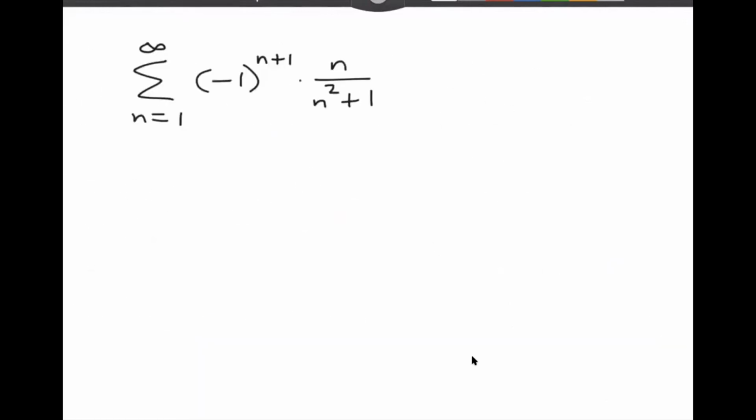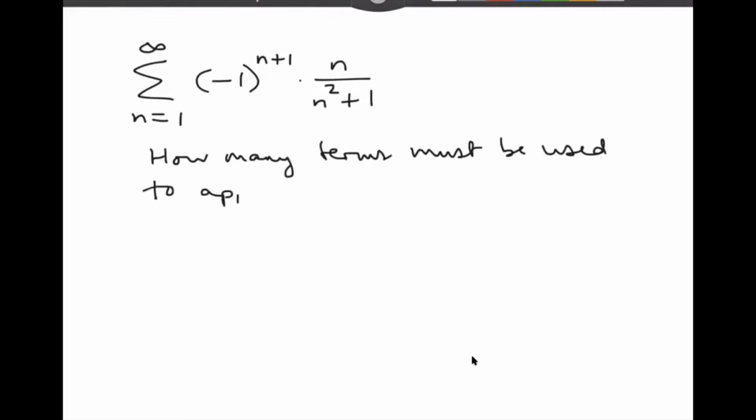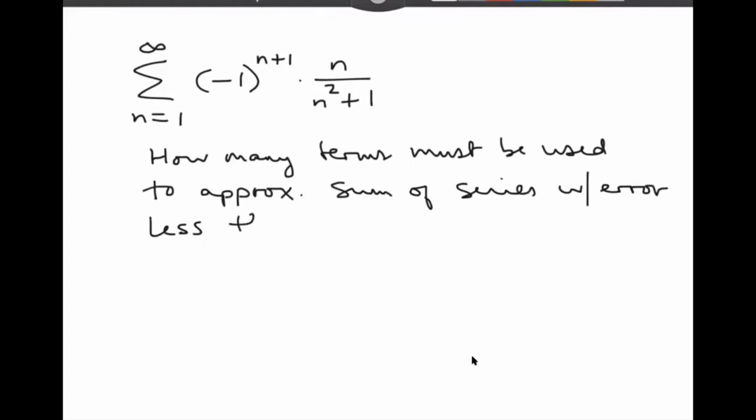Okay, and in this example, it said something like, how many terms must be used to approximate the sum of the series with error less than, I think it was 0.0001.